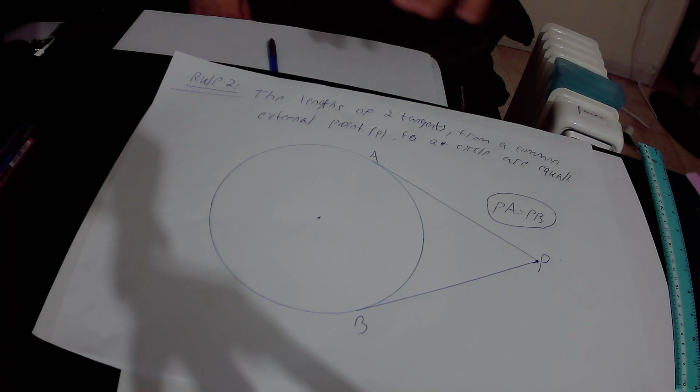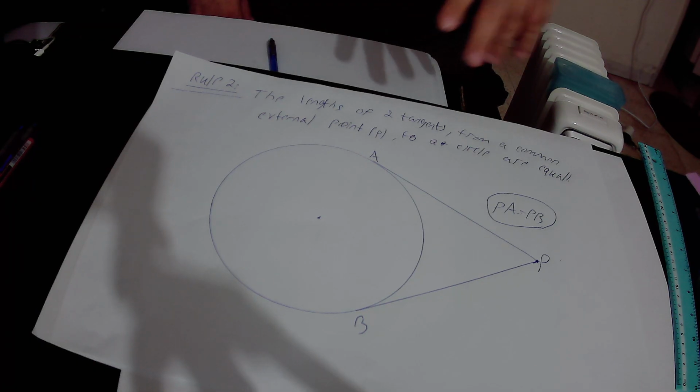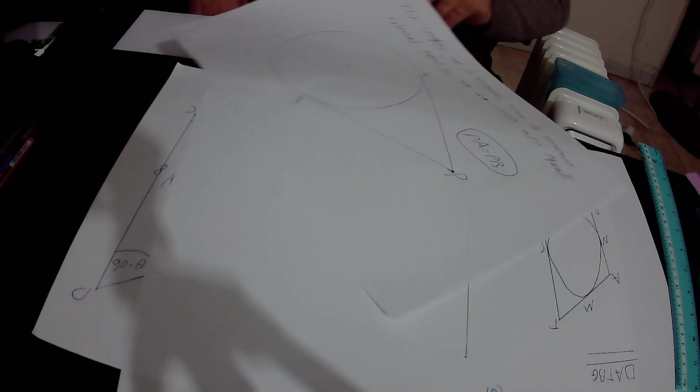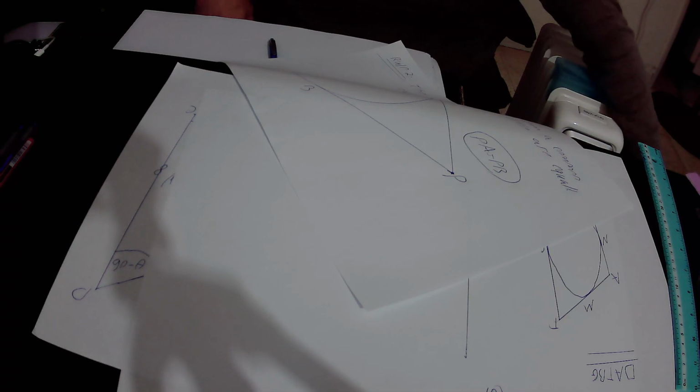So whenever you draw from a common external point two tangents to any circle, the lengths of those two tangents must be equal to each other according to this rule number 2. So we can actually implement rule number 2 in our drawing.